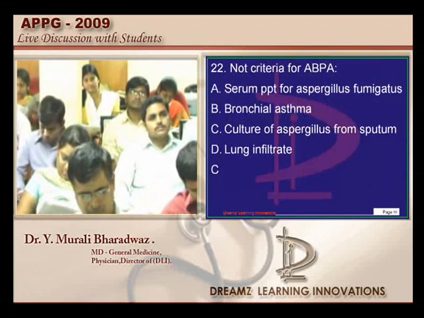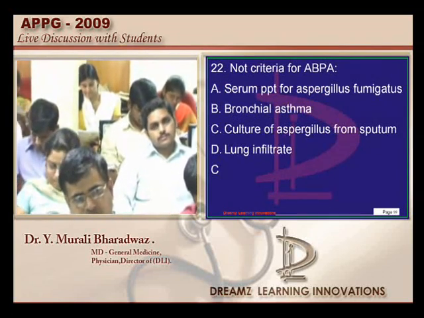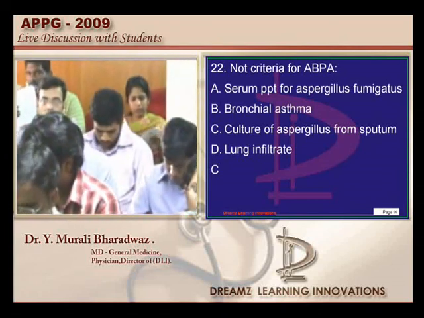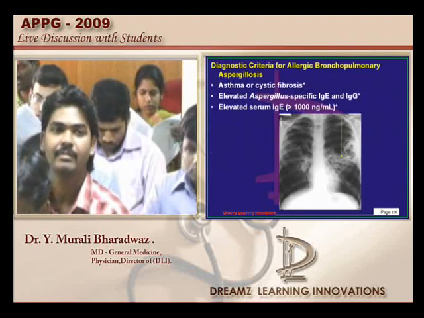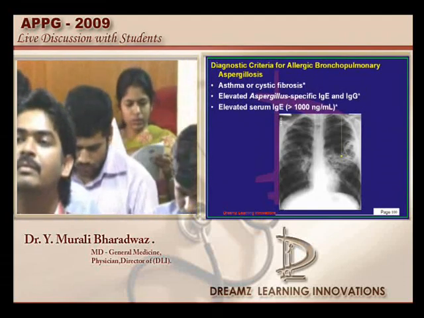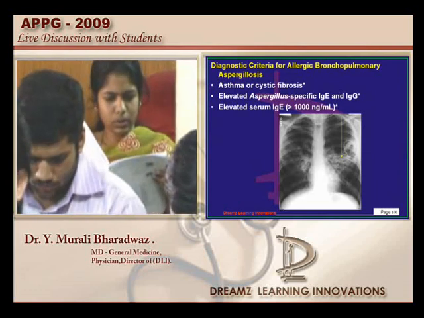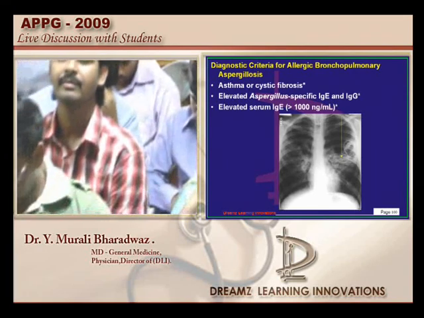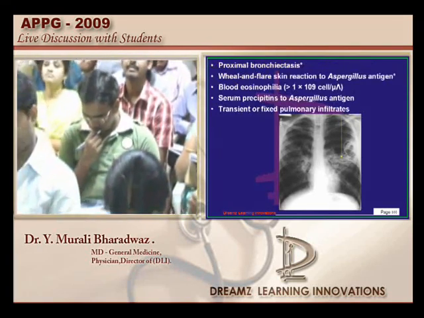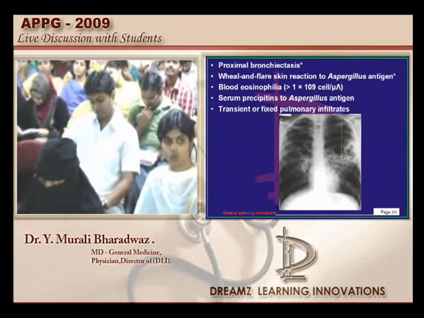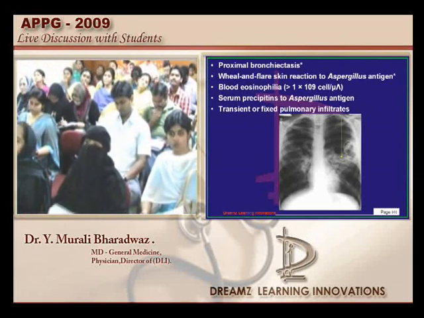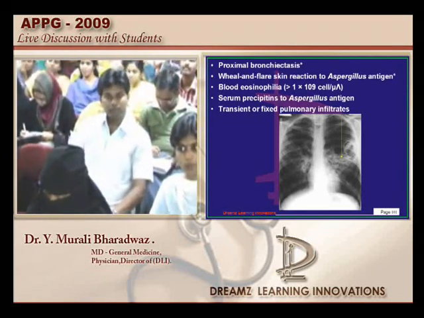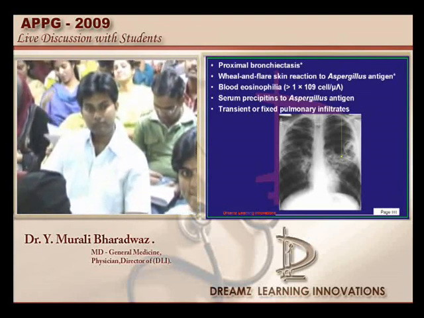Now what is not a characteristic feature among the criteria of allergic bronchopulmonary aspergillosis? Is it a very traditional question? Very, very traditional question. So the International Society has given certain criteria: asthma, elevated aspergillus specific IgE, elevated serum IgE, proximal bronchiectasis and wheal and flare reaction, blood eosinophilia, presence of serum precipitins to the aspergillus antigen, and transient or even fixed pulmonary infiltrates which are fleeting in nature.